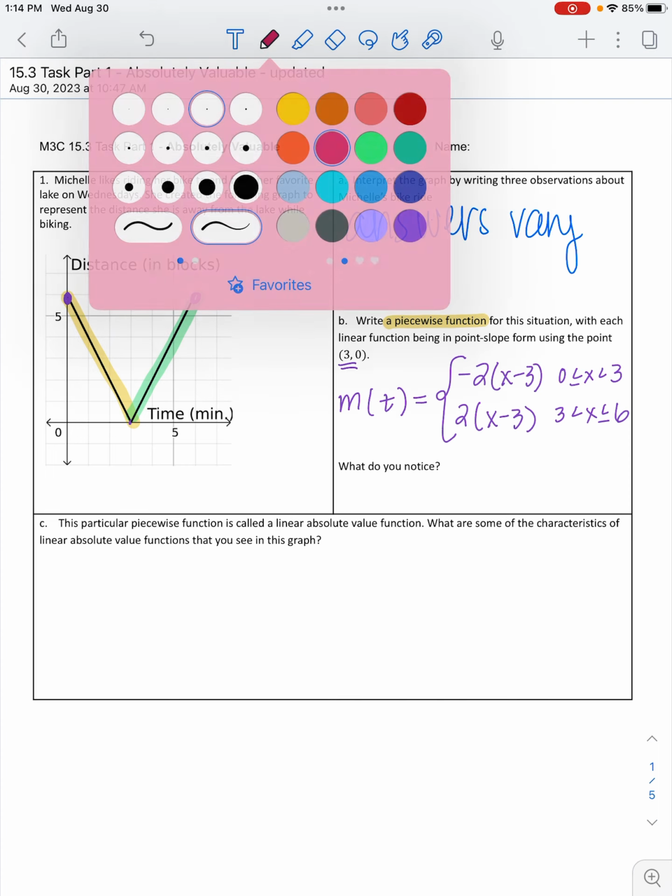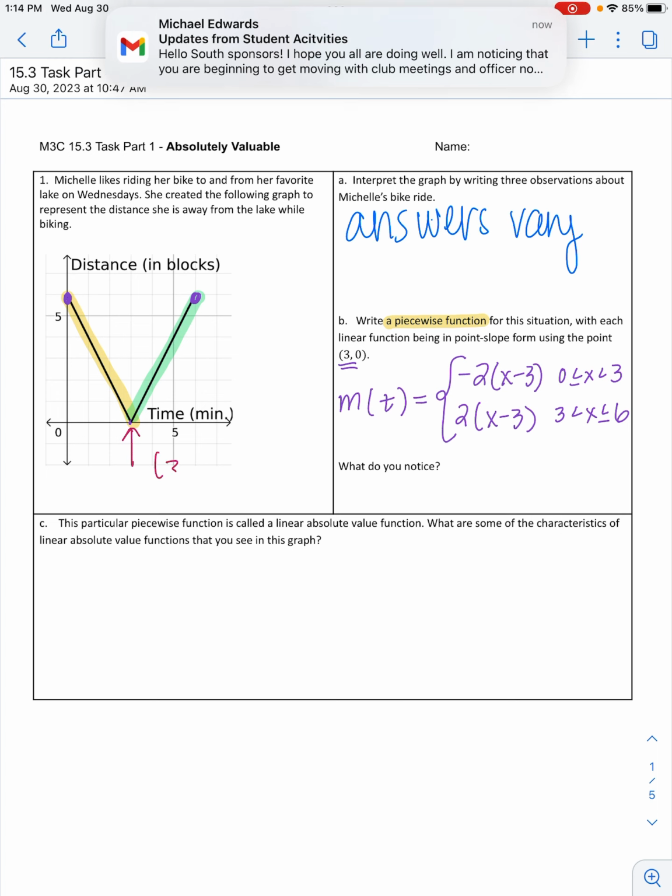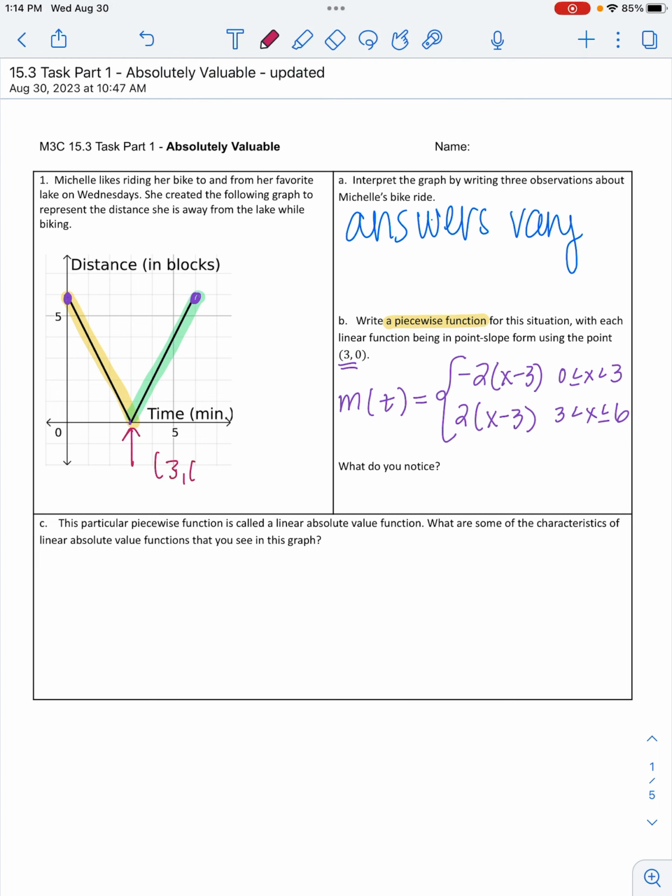And then that turning point, that (3, 0) point, is going to exist only on one of the equations. So you get to pick which one it goes under. So I'm going to pick the first one. So it's going to go in that first inequality for reference.